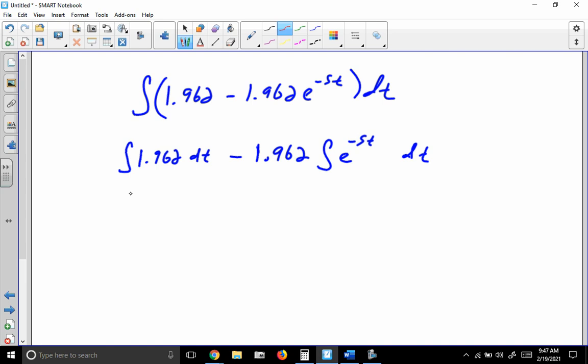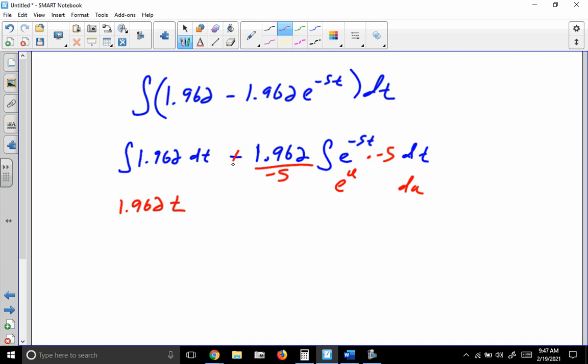When we integrate a constant, we just pick up our variable. For the next term, to integrate, this is going to be e to the u du. So if u is negative 5t, then du is negative 5 dt. The derivative of the exponent is negative 5. So if we pick up a negative 5 here, we divide by negative 5 out front.